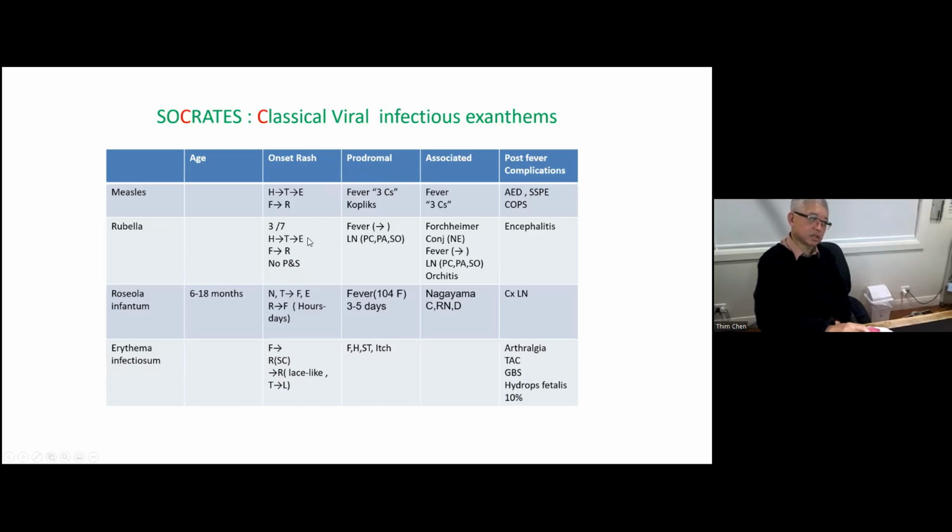The difference in rubella is they have lymphadenopathy in the posterior cervical, deep to the sternocleidomastoid, posterior auricular, and suboccipital nodes. In measles, on day 4 of the fever, that's when the rash comes on. In rubella, it just disappears.